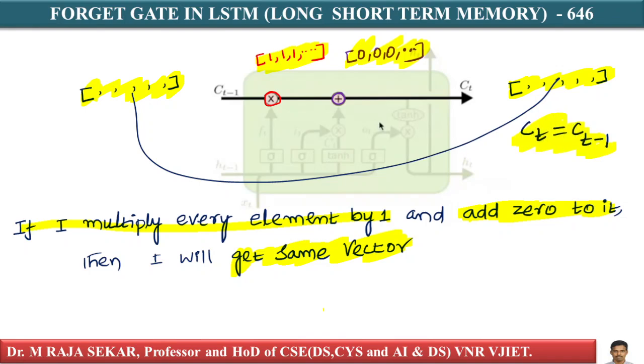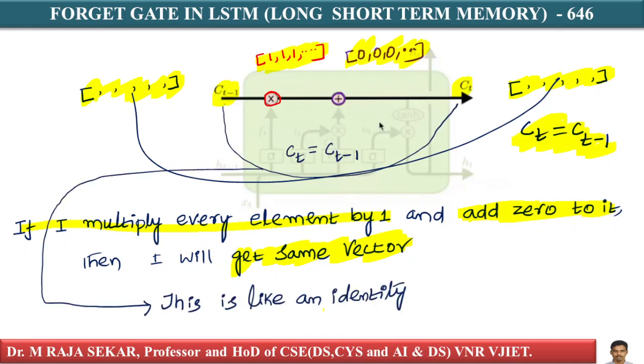If I send all ones here and all zeros here, then whatever the value of ct minus 1 is, literally the same vector will be copied to ct. Your ct minus 1 will be the same as ct.